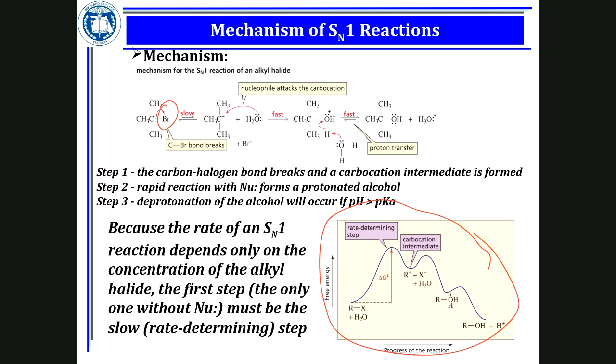The rate determining step is the slowest step. We learned that in chapter 4. And the slowest step of this reaction is the step with the highest activation energy. So the first step, which is formation of the carbocation, has the highest activation energy, and that makes formation of the carbocation the rate determining step.